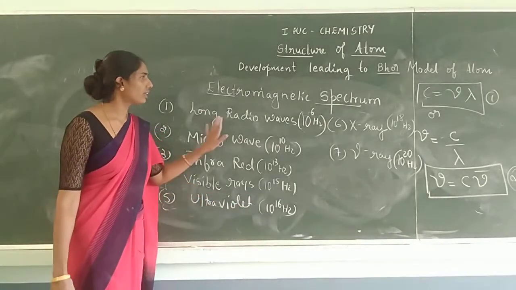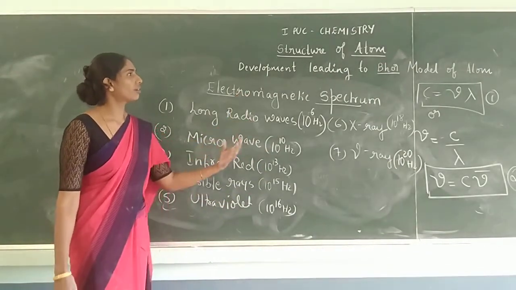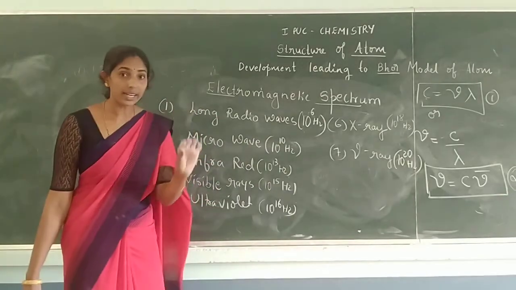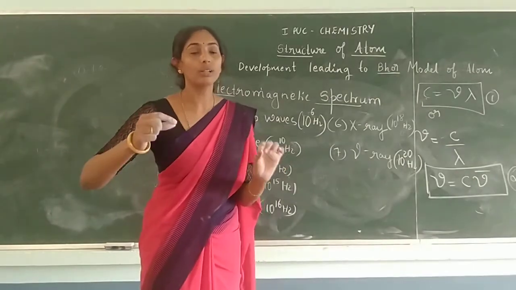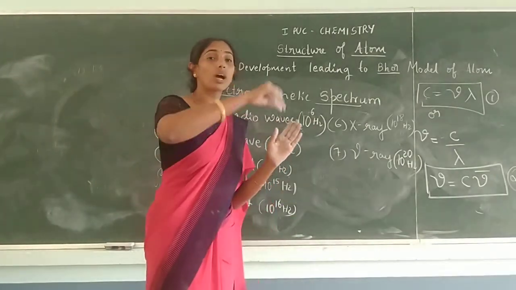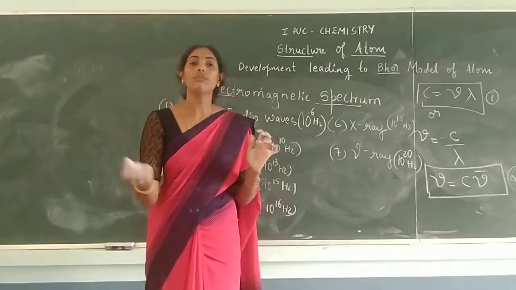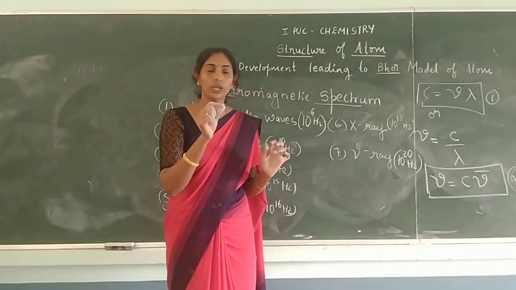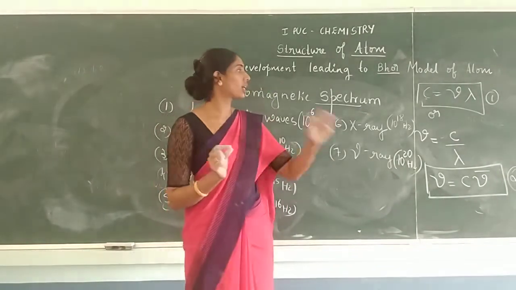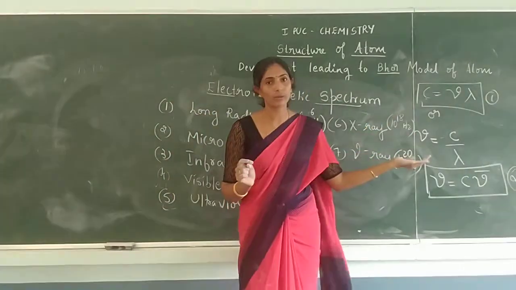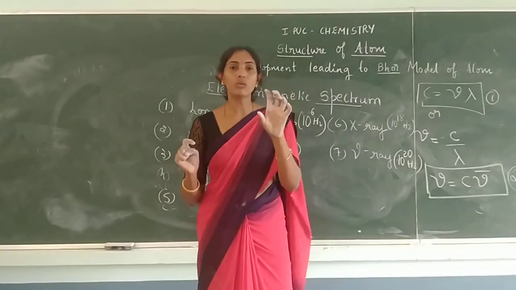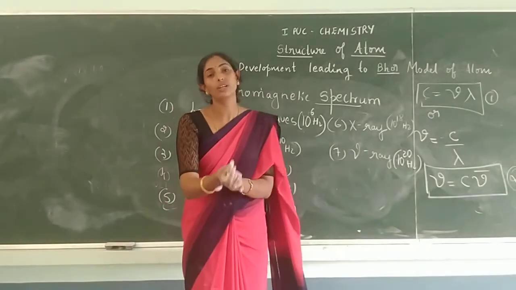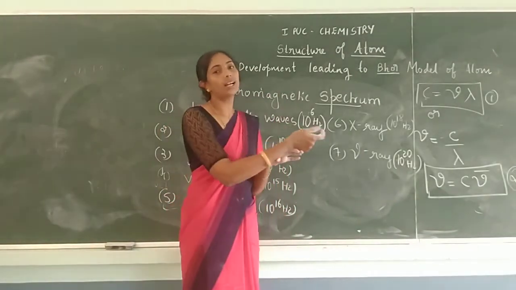You can say that this concept is used in the Bohr model of atom, because just as radiation has wave nature, and light produces waves when it moves, in the same way when the electrons are moving around the nucleus, it also produces waves. Okay, so to study wave properties, you need to know all these characters and formulas. So Niels Bohr, before proposing the Bohr model of atom, considered the concept of wave behavior of radiation and the atomic spectra.